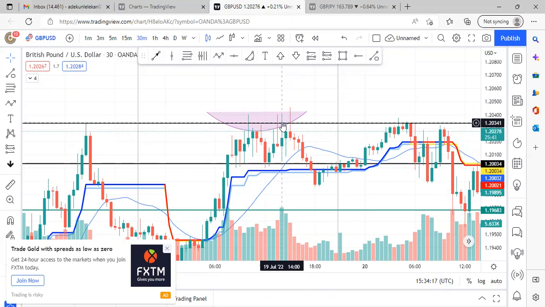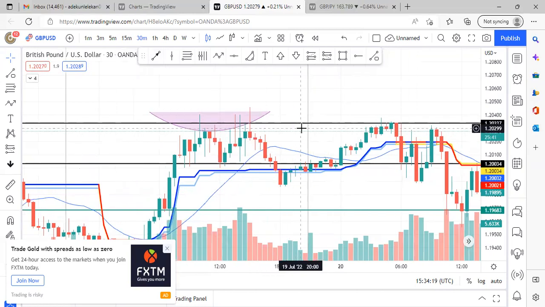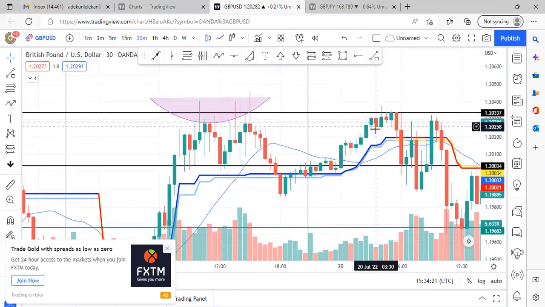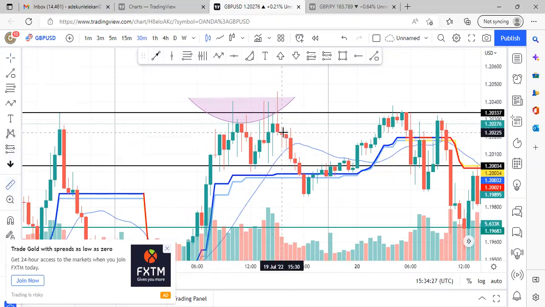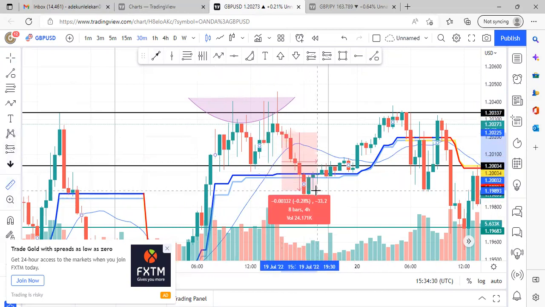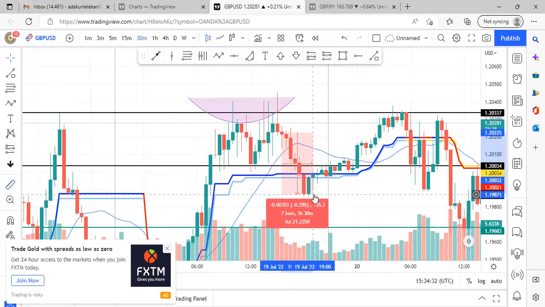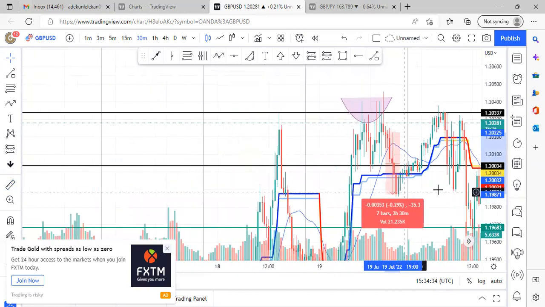If you understand this, see the next candle gives a shooting star. See the long tail. If you enter this market at the close of this shooting star, look at the pips you would have caught. That's 35 pips, man.